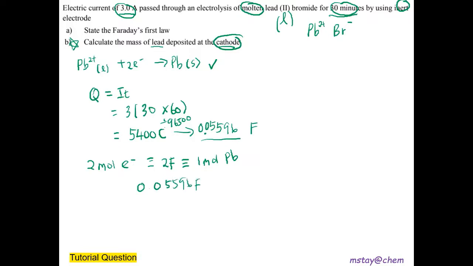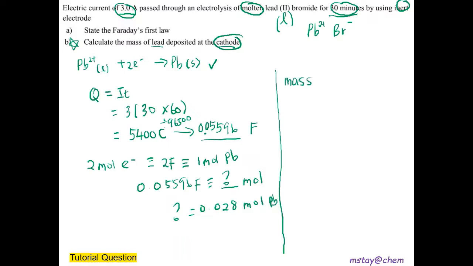0.05596 Faraday will equal to, press the calculator, you will get the value 0.028 mole. But the question asks us to look for the mass of the lead. When we want to know the mass, as usual, number of moles multiplied with the molar mass.